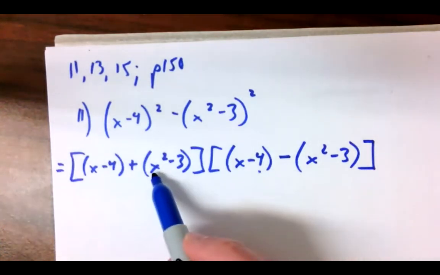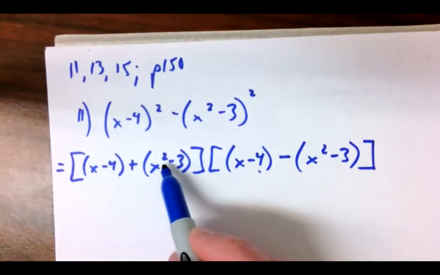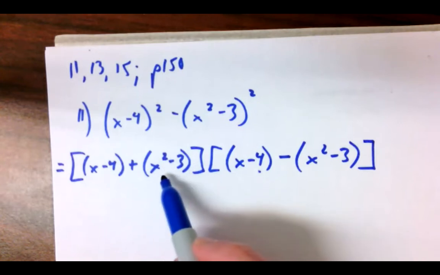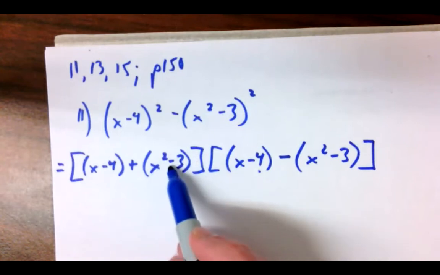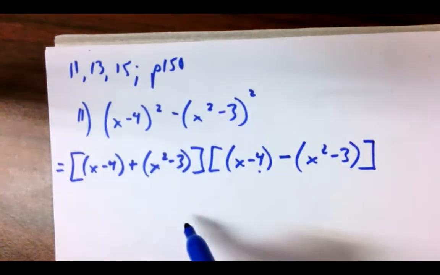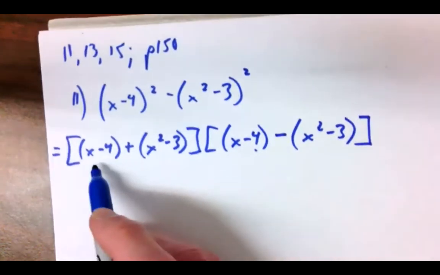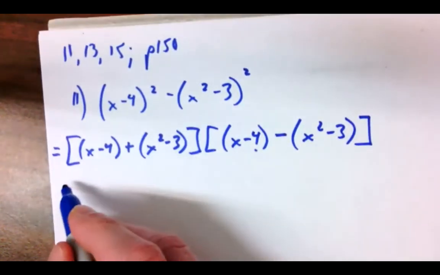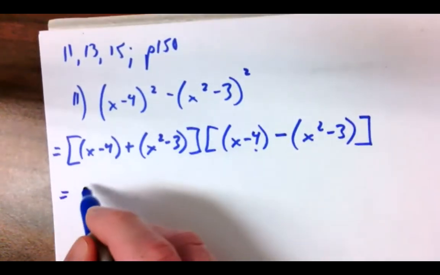Now, we have these x squared minus 3. It kind of starts to look like a difference of squares. You have the x squared, you have the minus, but this is not a square. If it was x squared minus 9, that's a different animal. It's not. So now we'll just collect like terms.